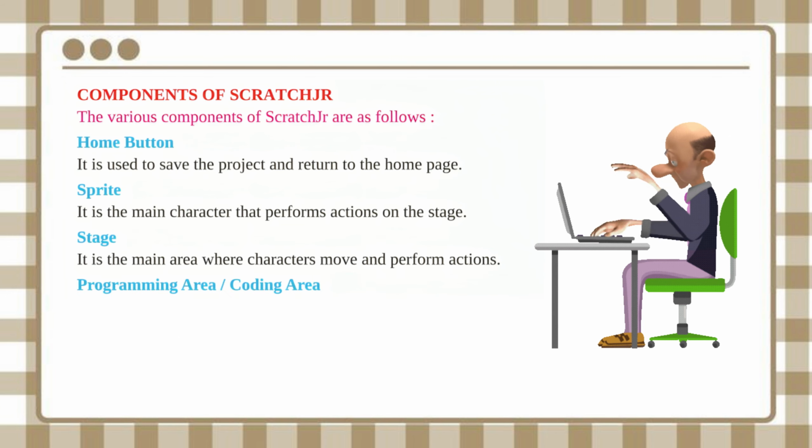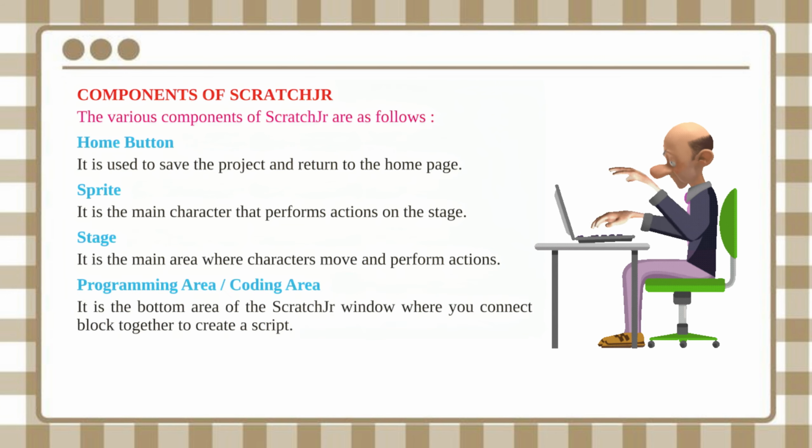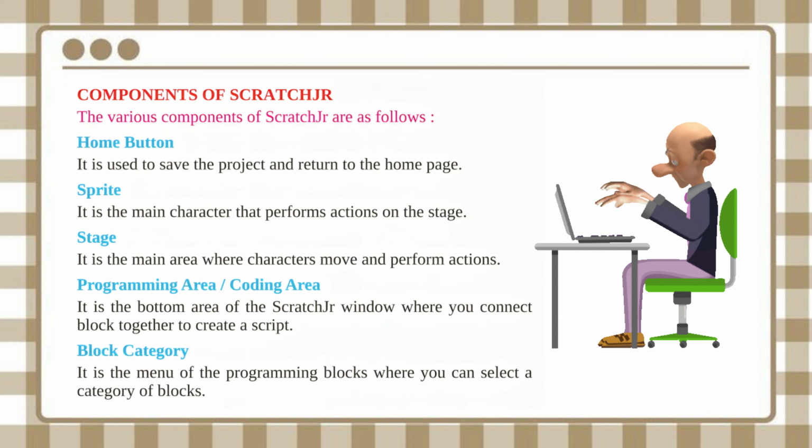Programming area, coding area. It is the bottom area of the Scratch.jr window where you connect blocks together to create a script. Block category. It is the menu of the programming blocks where you can select a category of blocks.